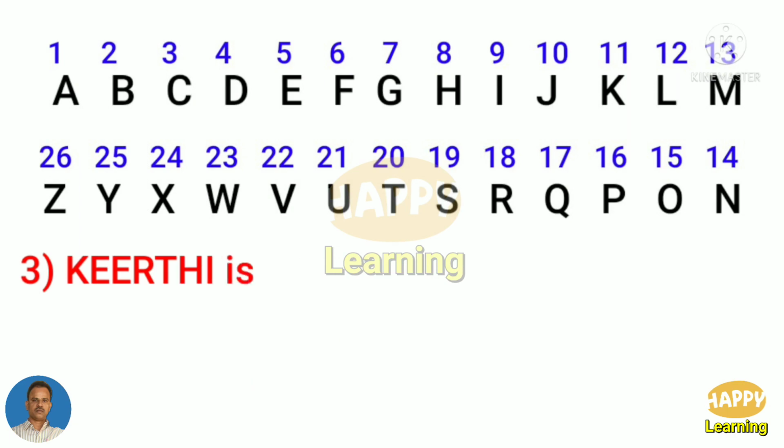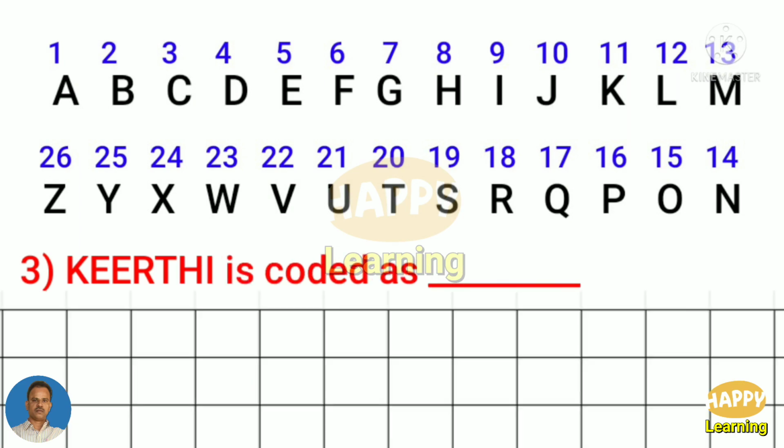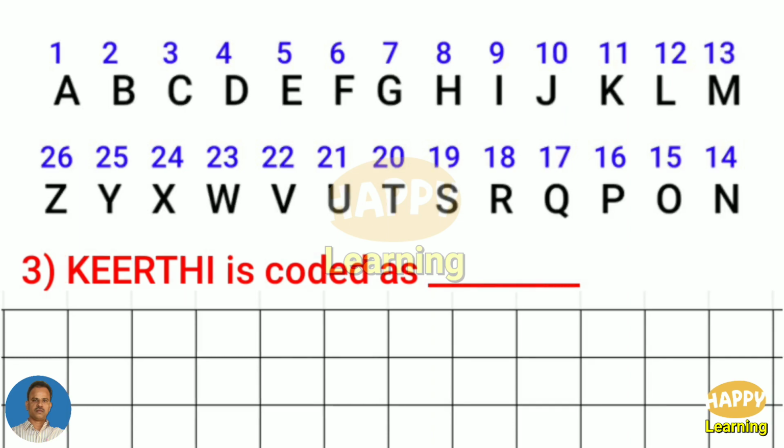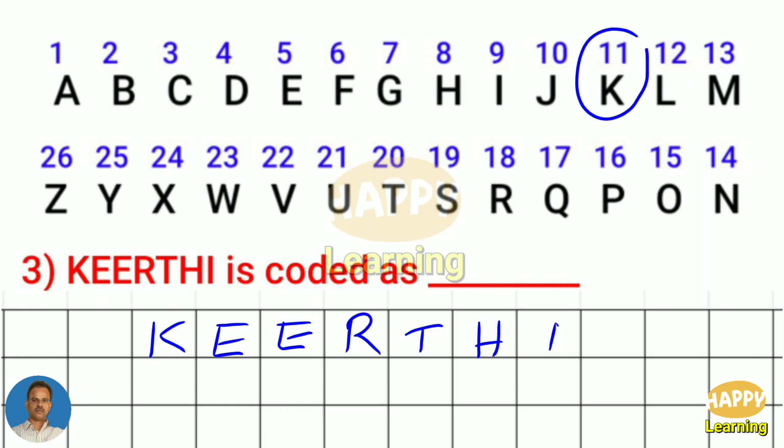Okay, right. Next question. Kirti is coded as. So I'll write Kirti here. Here K is coded as 11. So write 11. E is coded as 5. So write 5. Again 5.